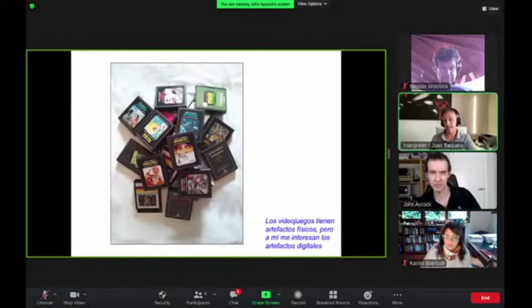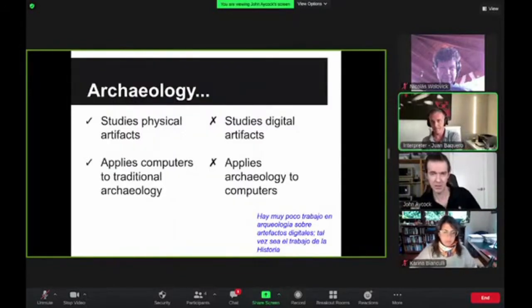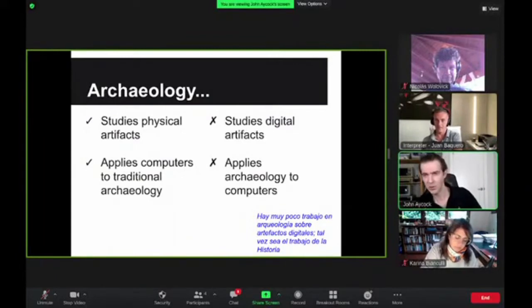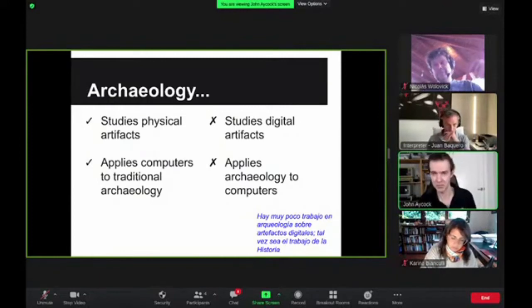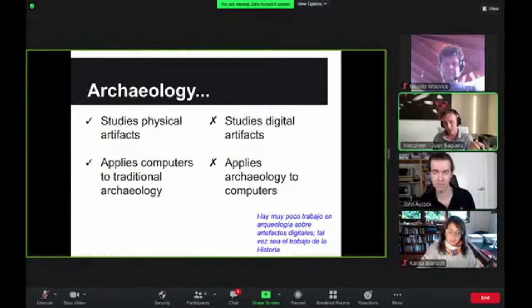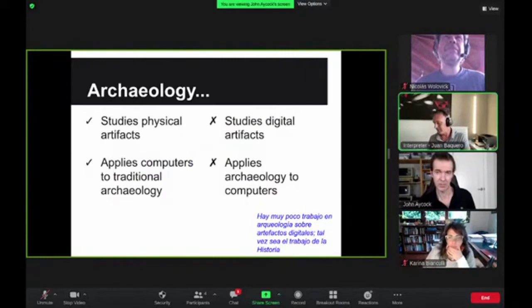A mí me interesa el código y los datos que están almacenados en estos artefactos, y esto puede ser un poco confuso. There is very little work in archaeology studying digital artifacts, despite how many digital artifacts there are. Hay muy pocos trabajos que analicen estos artefactos digitales.